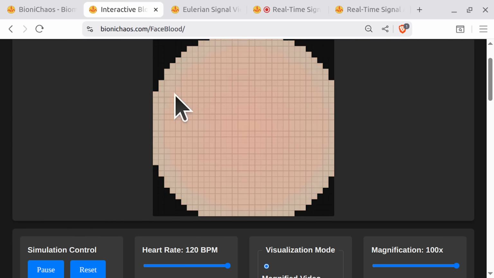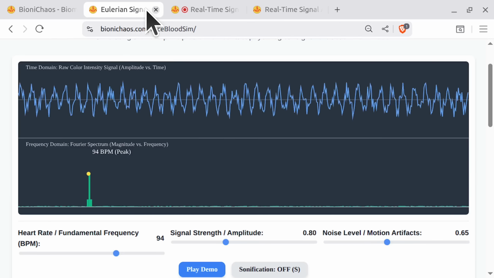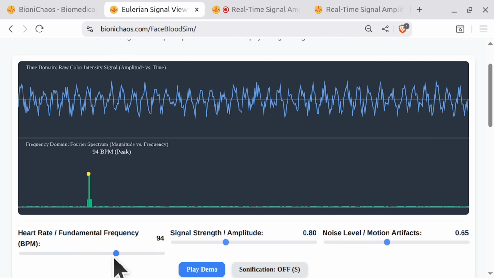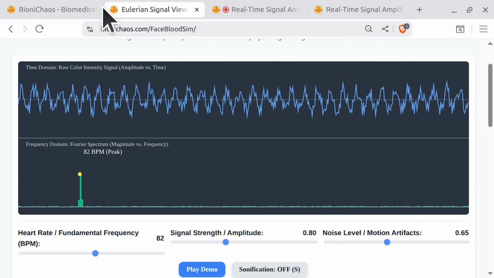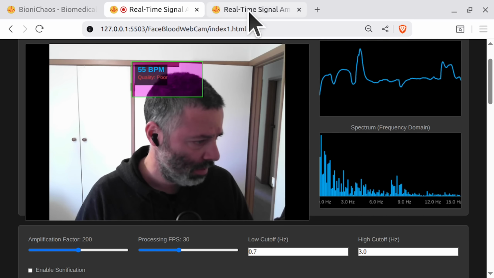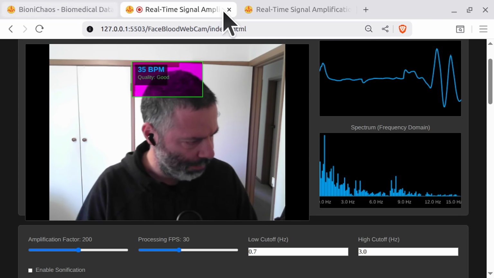This is a synthetic patch of the skin. This is how we actually calculate the beats per minute out of the color fluctuation on the face. And this is the actual thing up and running.